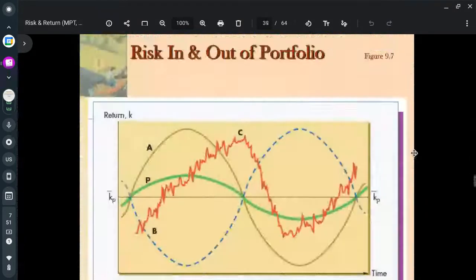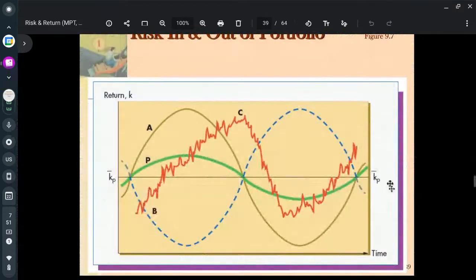So if we plotted a long timeline, this is stock A, right? And if we find a stock that is perfectly negatively correlated to stock A, it will have to look like this. Stock B will be perfectly negatively correlated.